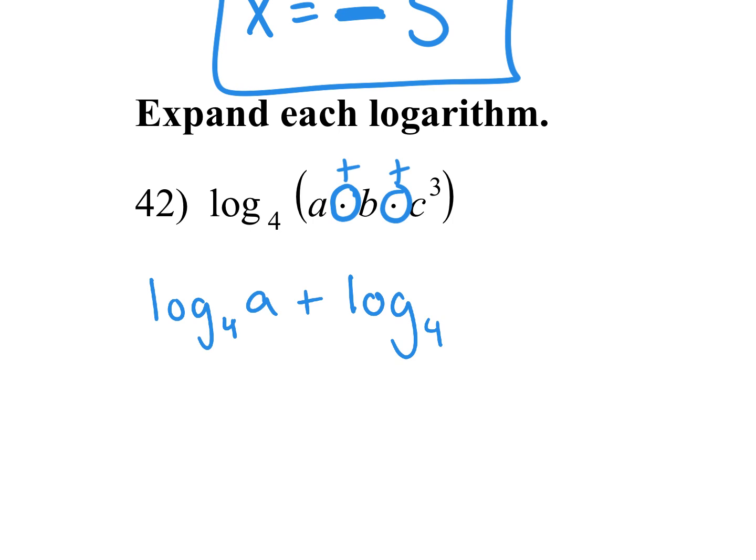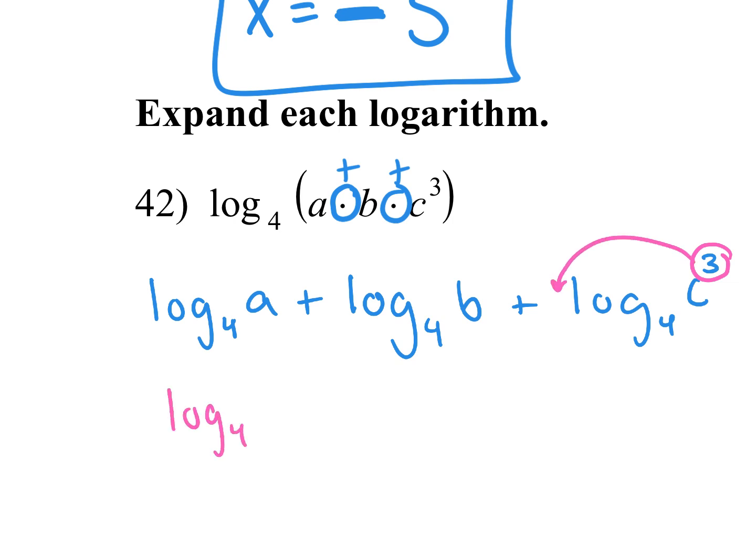So log base 4 of b plus log base 4 of c to the 3rd power. What do I do with this 3? I move it in front of the log. So it'll be log base 4 of a plus log base 4 of b plus 3 log base 4 of c.